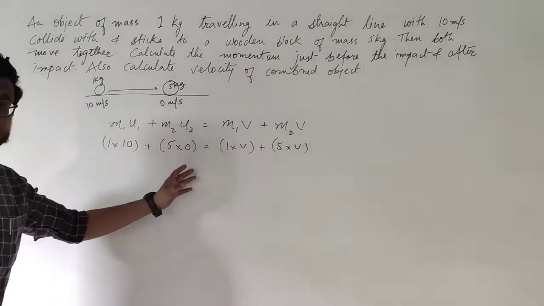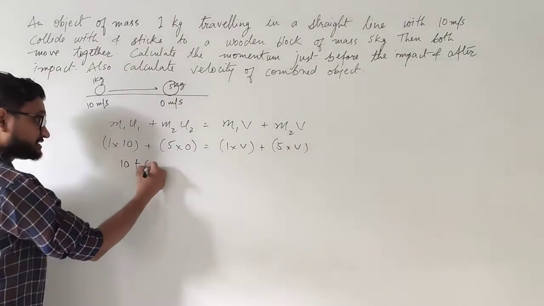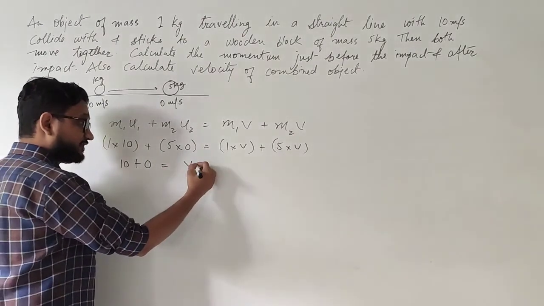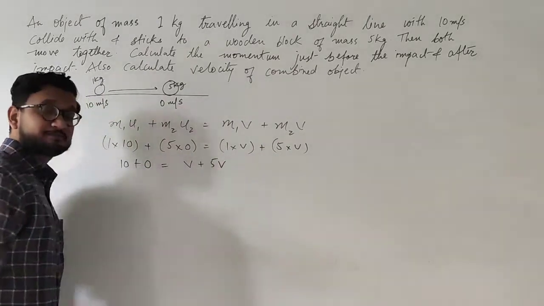Now simple multiplication and addition. 1 into 10 is 10, 5 into 0 is 0, equals 1 into v, which is v, plus 5 into v, which is 5v.